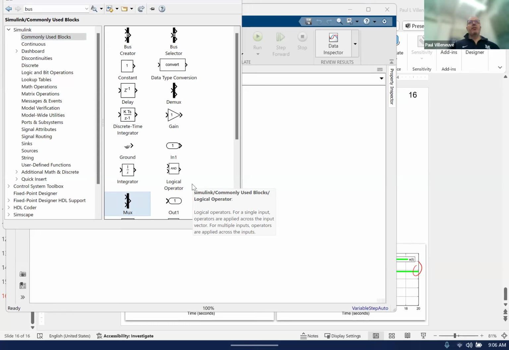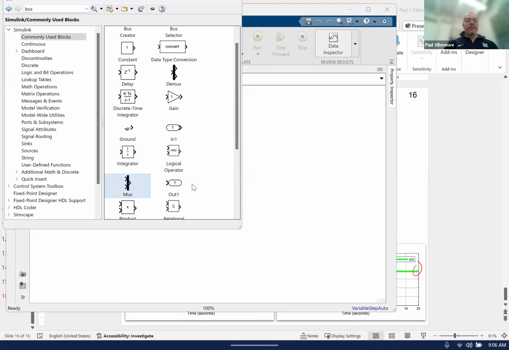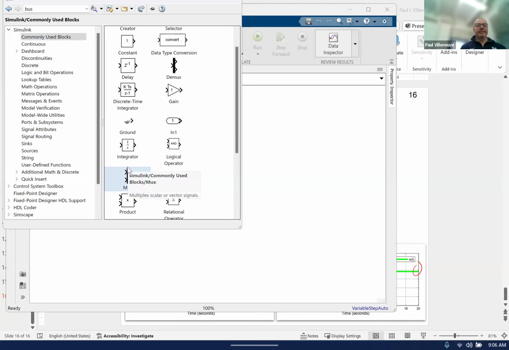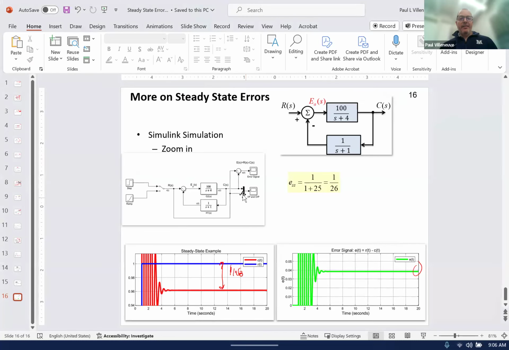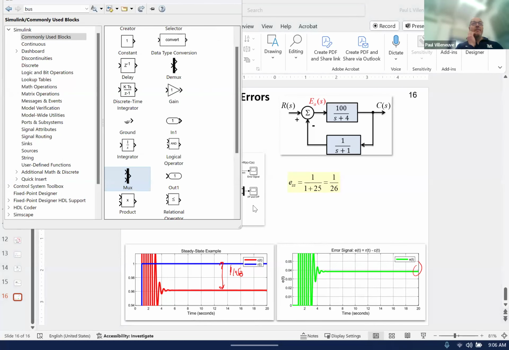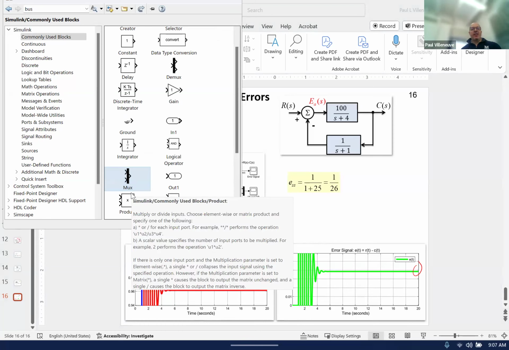So it's under commonly used blocks. I think you would use a multiplexer. That's what I believe. That looks like it, here, yep. So it's just a multiplexer. If you did control systems, multiplexing and demultiplexing is just an old communications term. MUX is the abbreviation for a multiplexer.